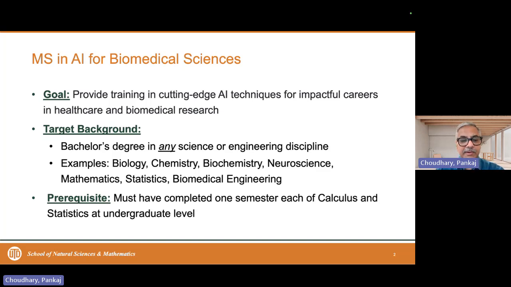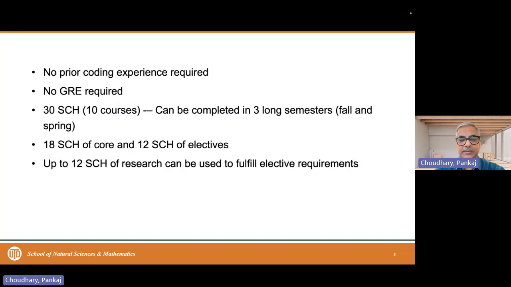In fact, the prerequisite for the program is simply any bachelor's degree in a science or engineering discipline, and you must have completed 1 semester of calculus and 1 semester of statistics. This is all that we require: 1 semester of calculus and 1 semester of statistics, and we also don't require any previous coding experience.